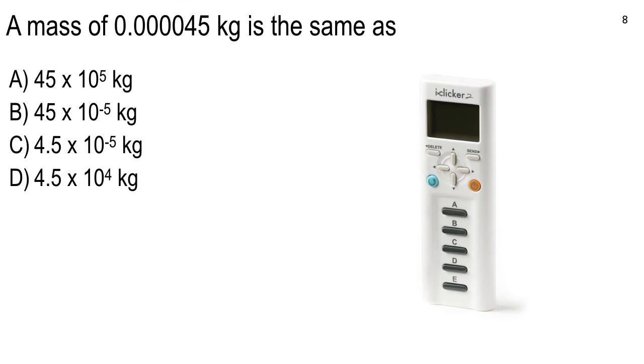Twenty seconds. 10, 9, 8, 7, 6, 5, 4, 3, 2, 1, 0. Okay, most of you got that correct. 4.5 times 10 to the minus 5 kilograms. Okay. All right, let's try this one.